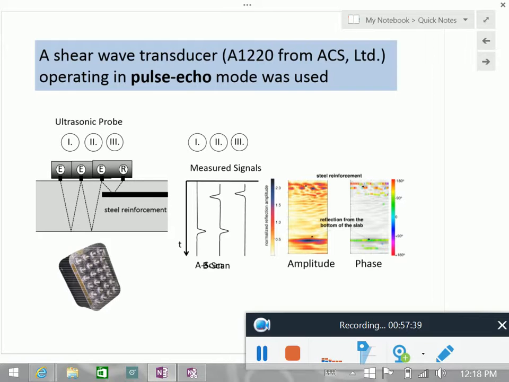The way it works is that you move it next to itself. This is a video, but here we don't see it. You move it next to itself, and if you go over a reflector, you are going to see a reflection. And if you put all of these A scans next to each other, you are going to get a B scan.